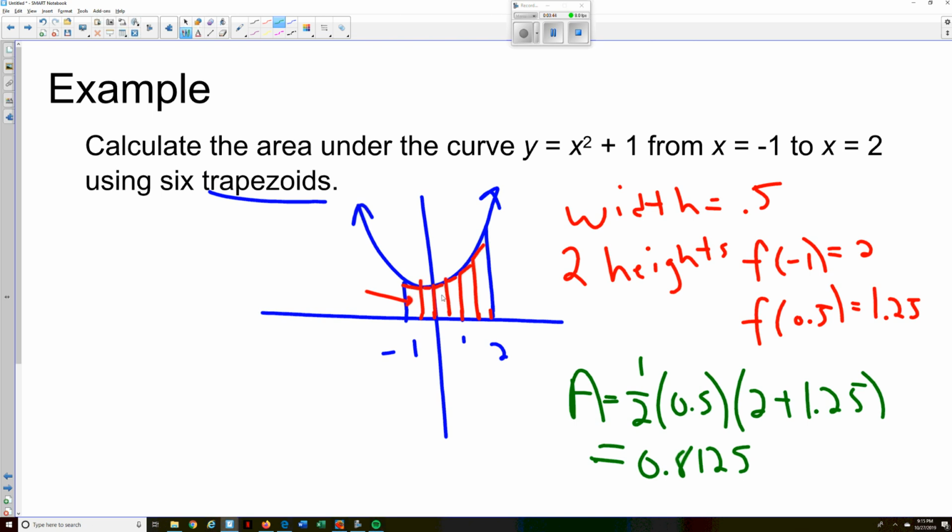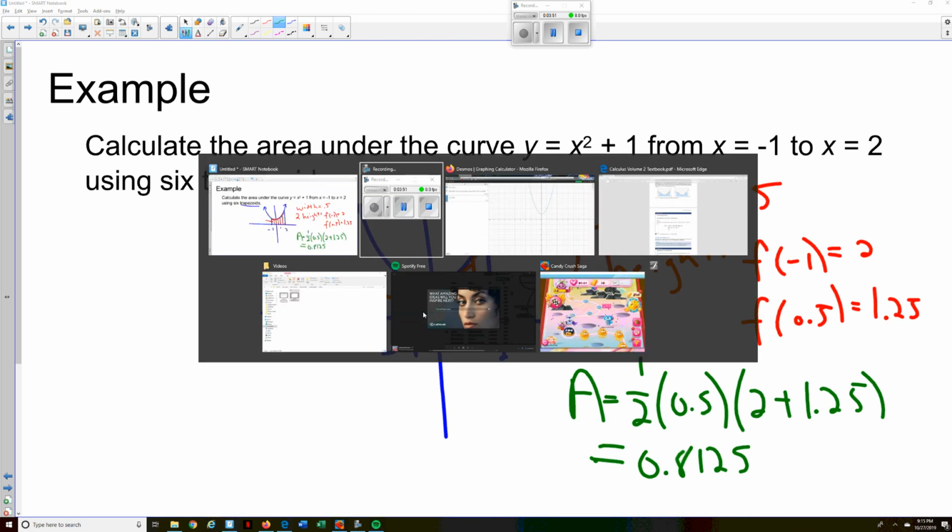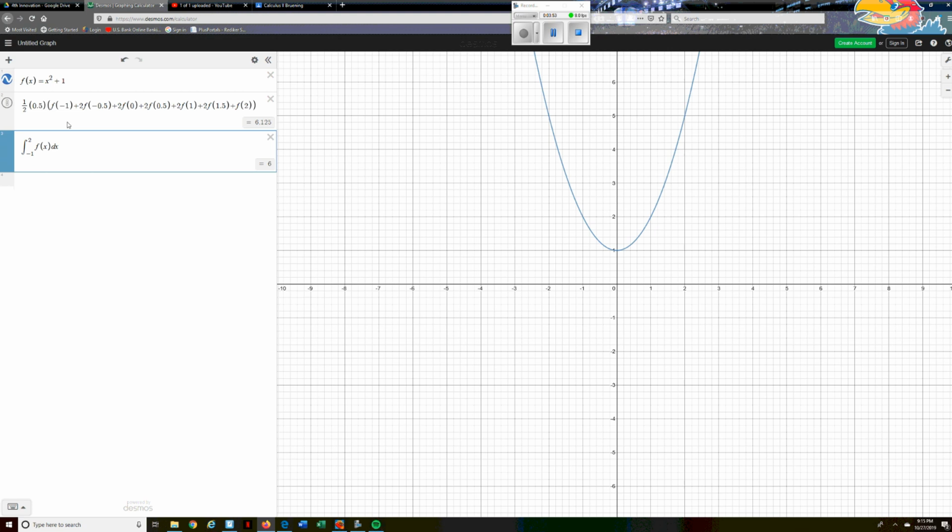The same goes for all of those red interior trapezoid boundaries: they're all there twice, but f of 2 and f of -1 are there once.